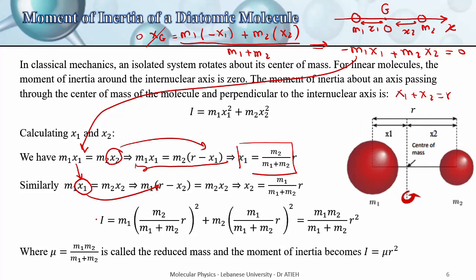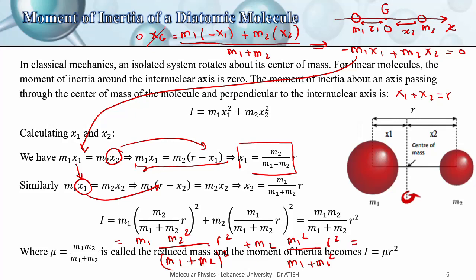Now we can find I. I is equal to m1 times x1 squared plus m2 times x2 squared. We substitute x1 for its value, m2 over m1 plus m2 times r, squared, plus m2 times m1 over m1 plus m2 times r, squared. We distribute the squares and get m1 m2 squared over (m1 plus m2) squared, plus m2 m1 squared over (m1 plus m2) squared, times r squared.